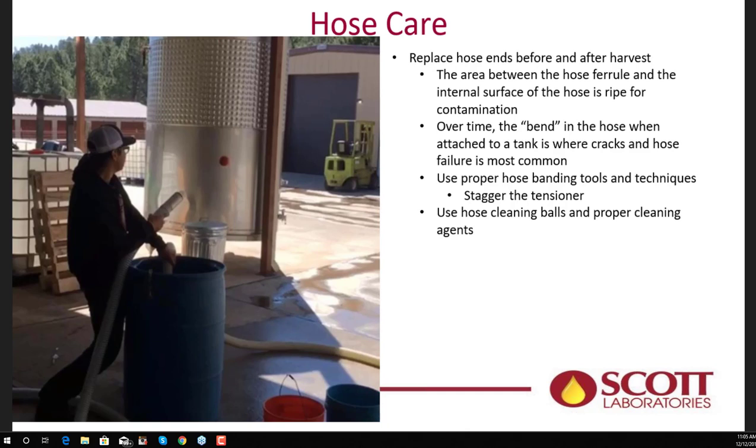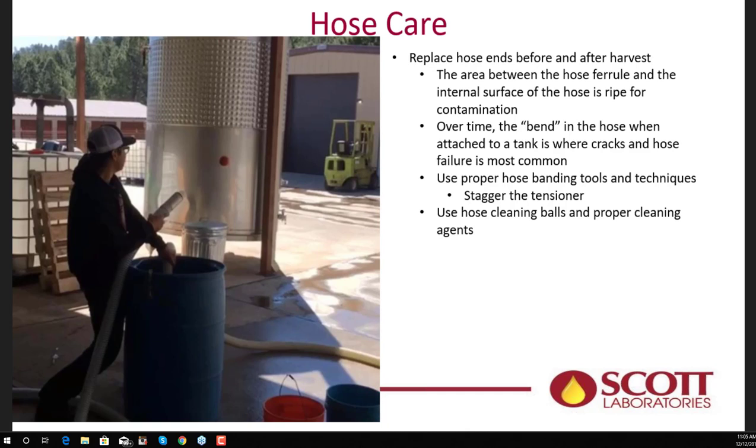You also want to use proper hose banding tools and techniques, and you want to stagger the tensioner, meaning if you have two or three clamps, and these should be punch lock band clamps. The hose clamps that you can go buy at your auto parts store or Home Depot are not proper hose bands. They're specific for sanitary hoses.